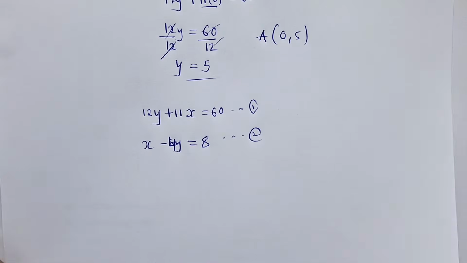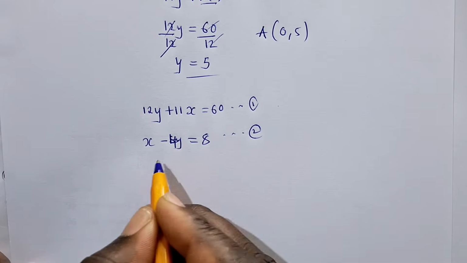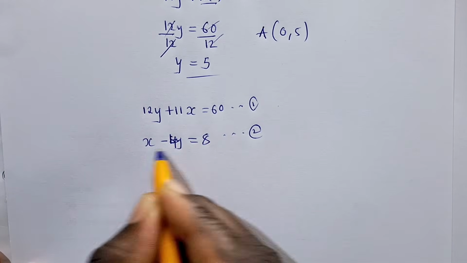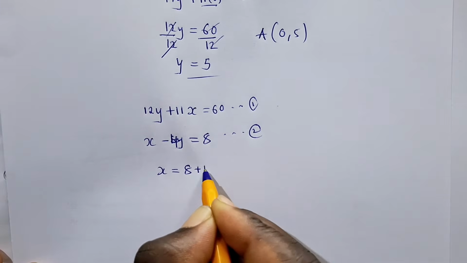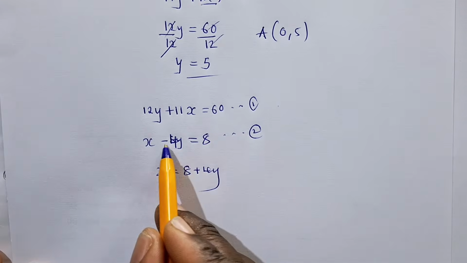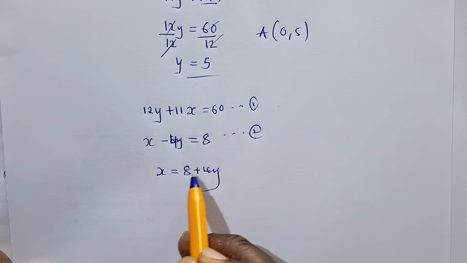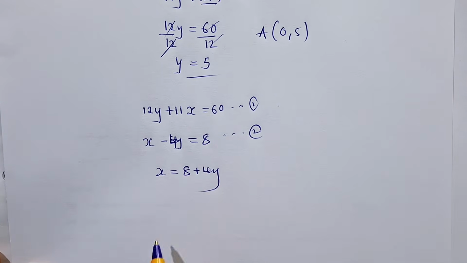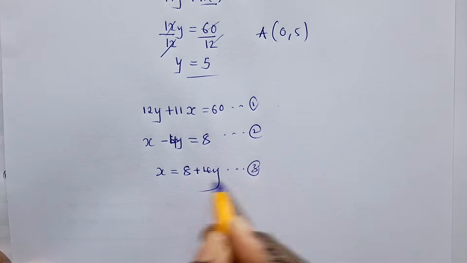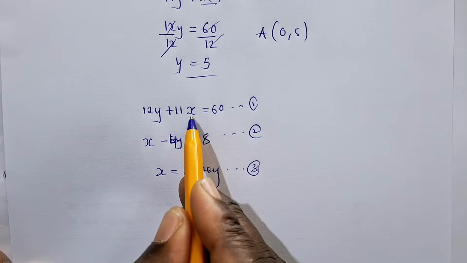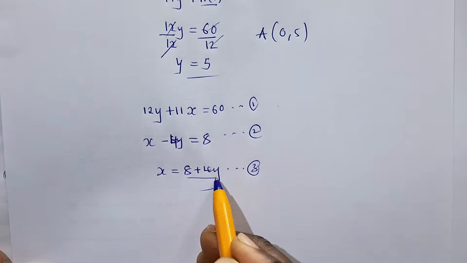In this case, I'll get equation 2 and make x the subject. So this 4y will cross the equal sign, it will come this side, and we shall have x equals 8 plus 4y. This is called equation 3. Now, where there is x in equation 1, we substitute this part.